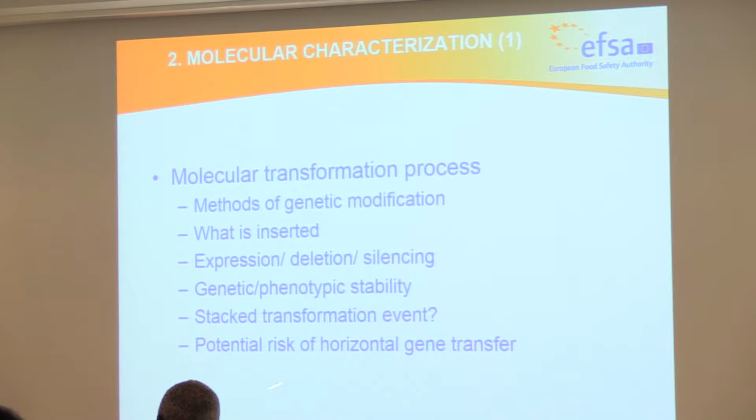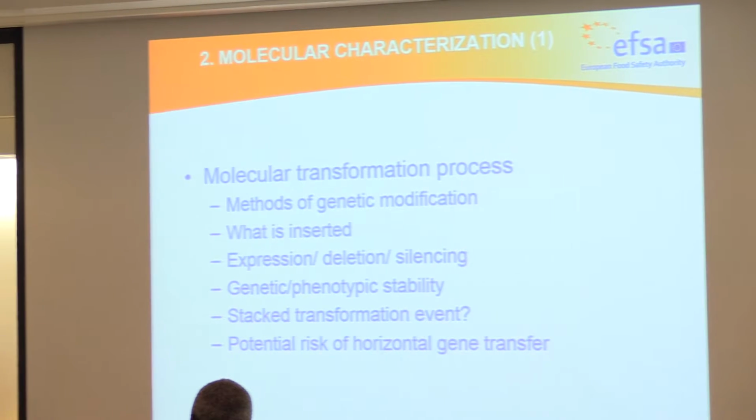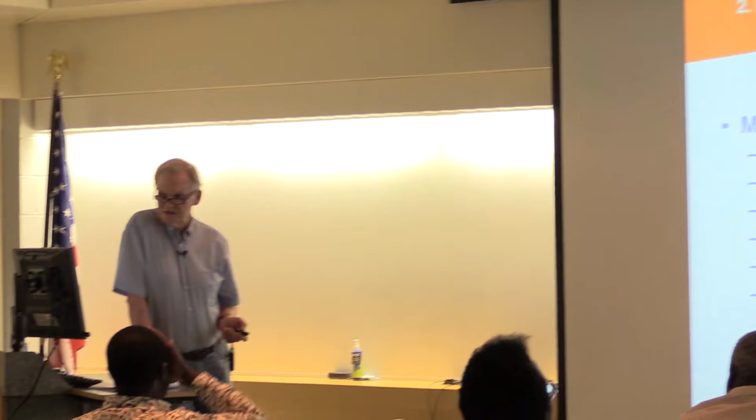And last but not least, the potential of horizontal gene transfer. Well, this is in particular important when it comes to marker genes, which could create resistance with certain bacteria, and they could interfere with medical treatments. I think by now this issue on marker genes has in practice been resolved, isn't it? We use a few old marker genes which are very well described and known.